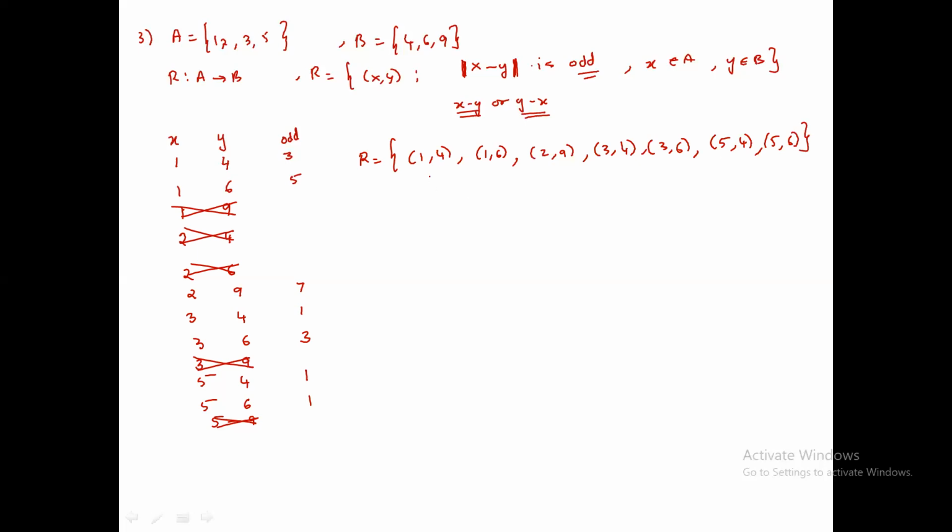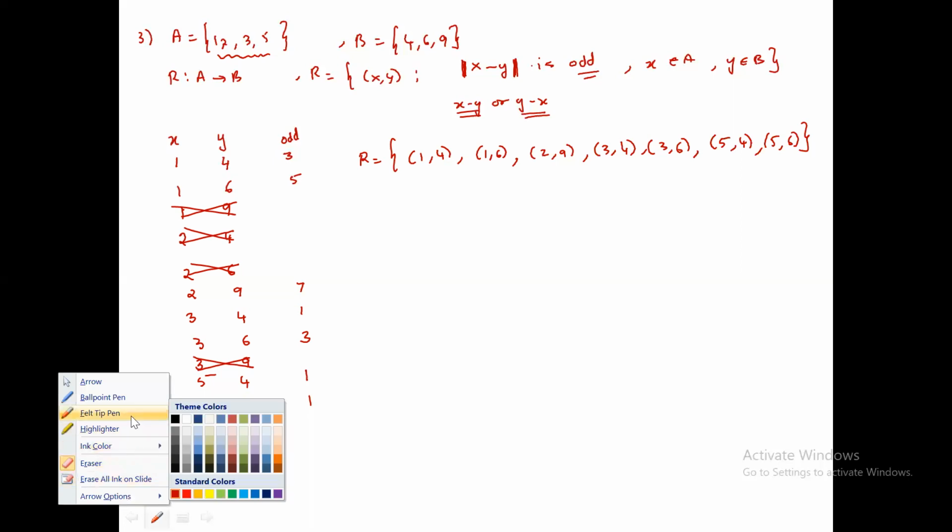Now 1 comma 4 I wrote, but 4 comma 1 I did not write. That is because X should be from A, but in A you don't have 4. That's why you have to see properly which all you can write, which all you can't write. 1 comma 4 you can write, but 4 comma 1 you can't write.